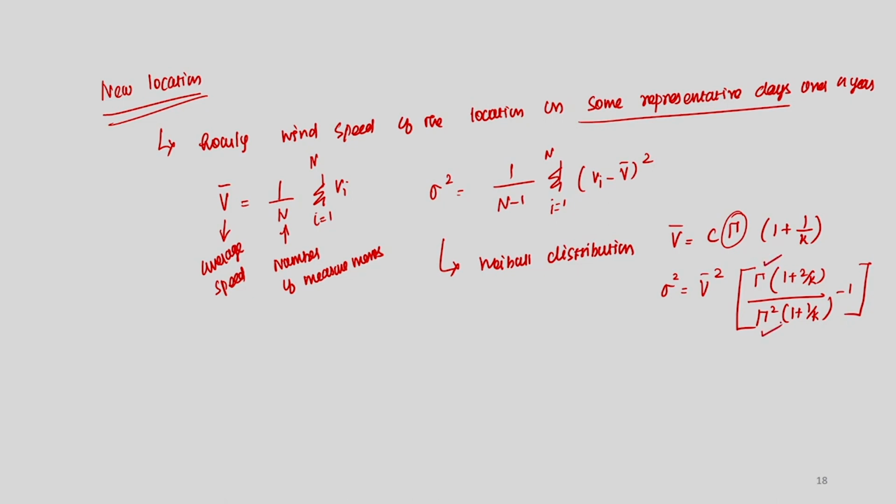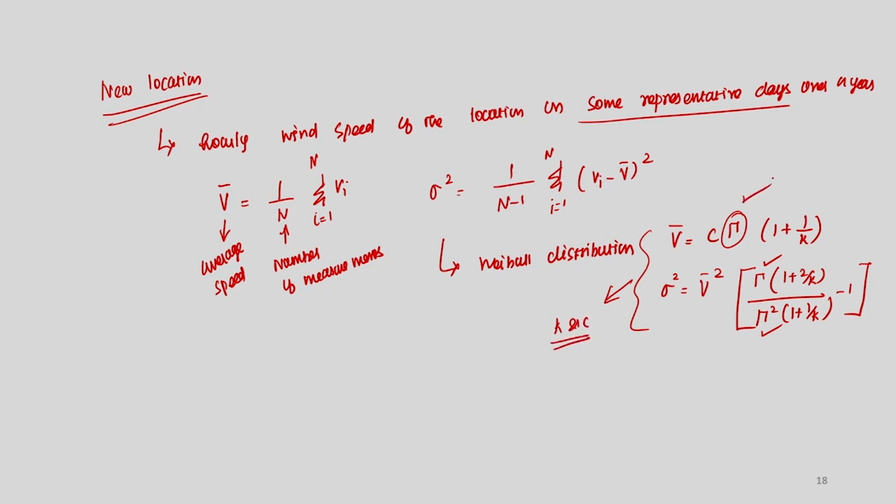You can get it from any standard mathematics book, such as Kreyszig, an applied mathematics book. These two equations have to be solved simultaneously to get k and c.